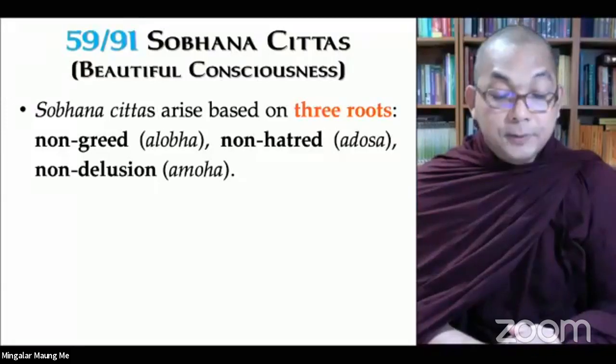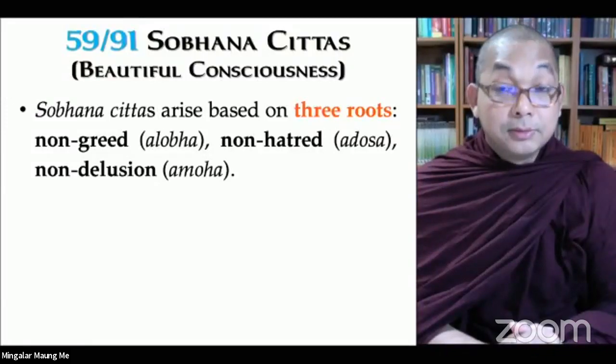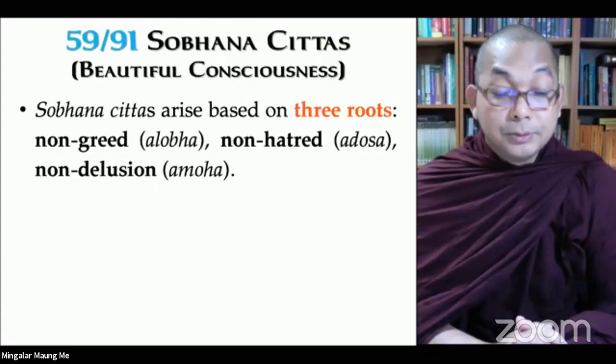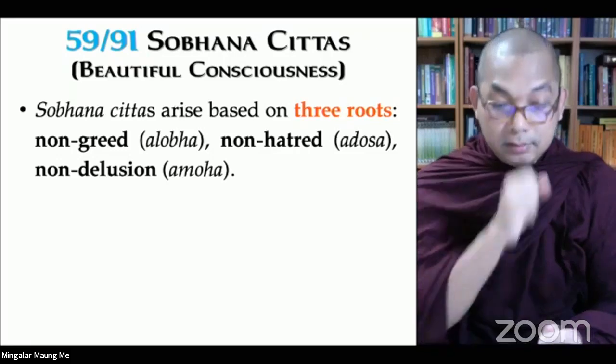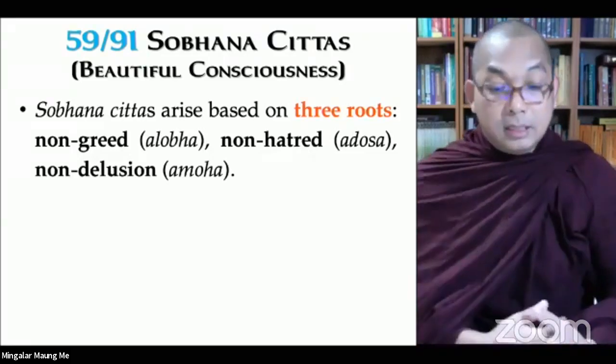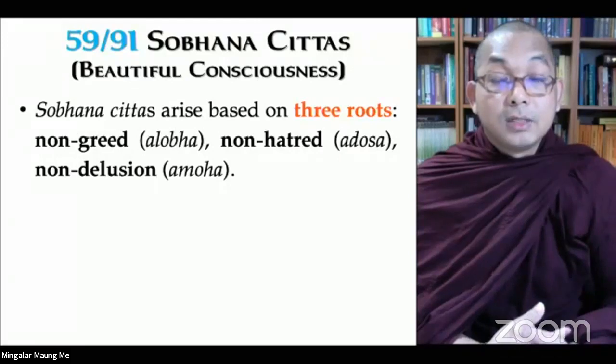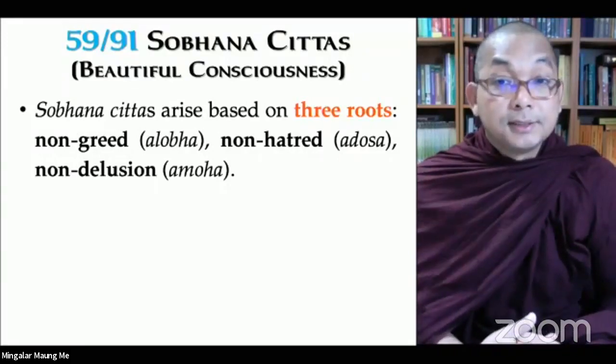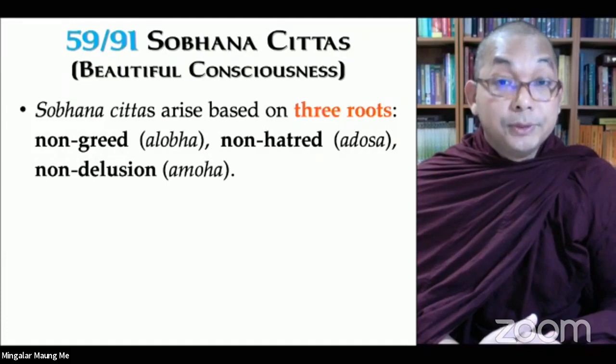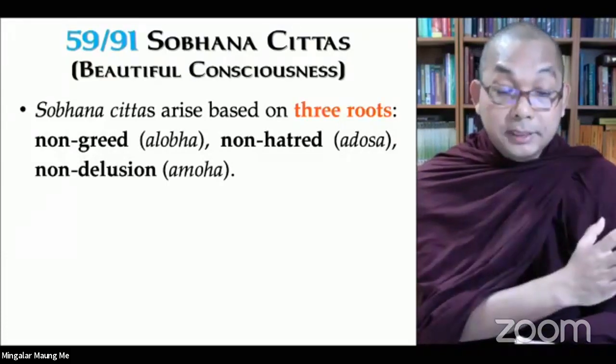Sobhana chittas arise based on 3 roots: non-greed, non-hatred, non-delusion. Alobha, adosa, amoha. 12 akusala chittas arise based on 3 roots: lobha, dosa, moha. They are unwholesome.